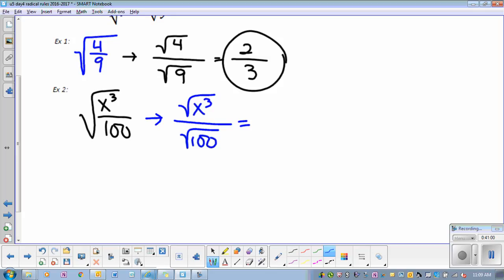What's the square root of 100? 10. And up on top, square root of x cubed. Can you simplify that? X, and then how many left over inside? Yeah, x root x. Good. Over 10. Yep, x root x over 10.